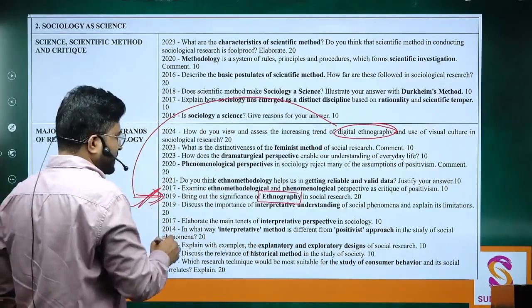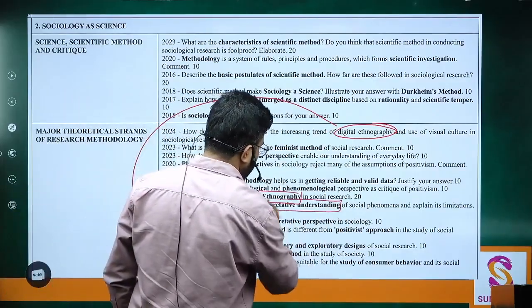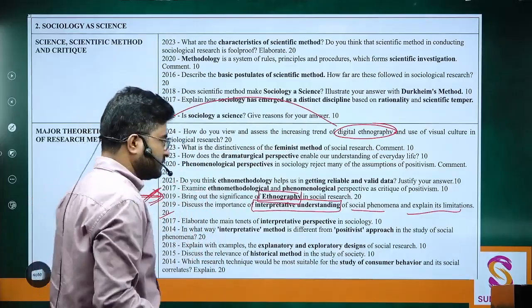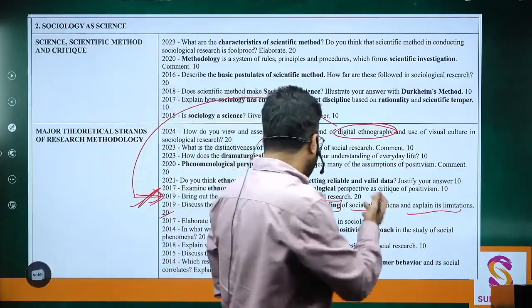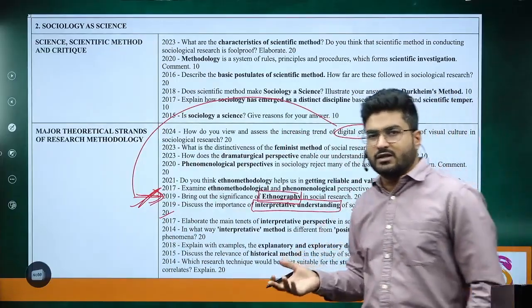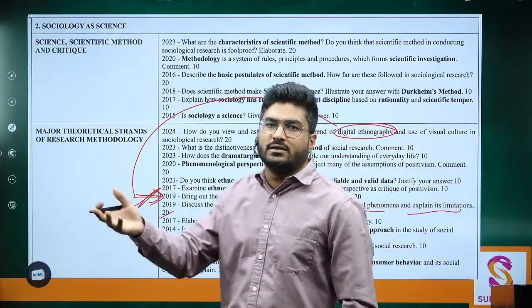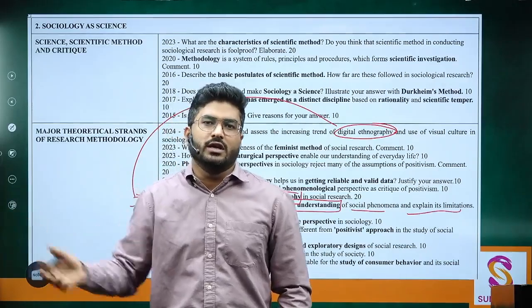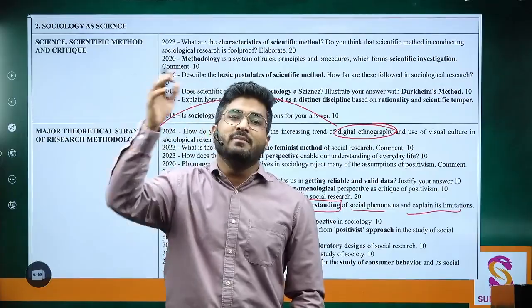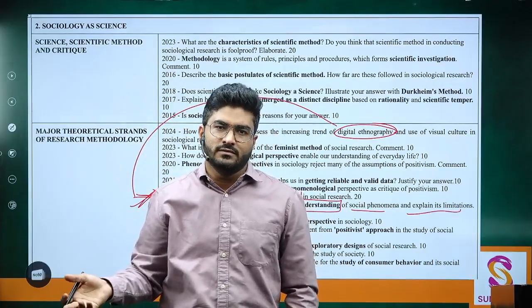Then: discuss the importance of interpretative understanding of social phenomena and explain its limitation. So what is interpretative understanding all about? We have to write about that. What is interpretative understanding? To interpret the social surroundings, the social reality. How will we interpret? By understanding the meanings of any social action.